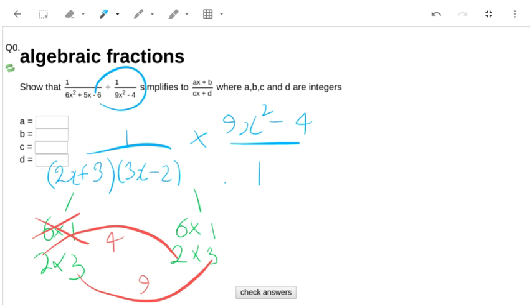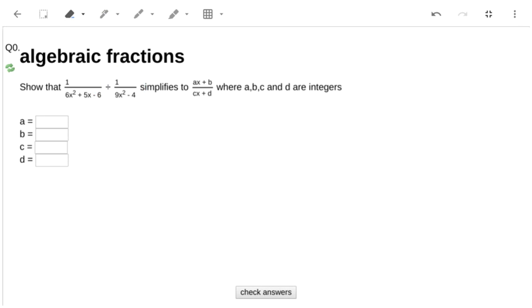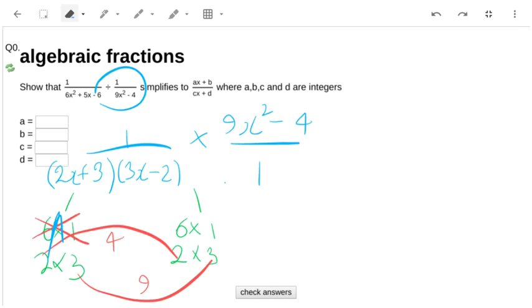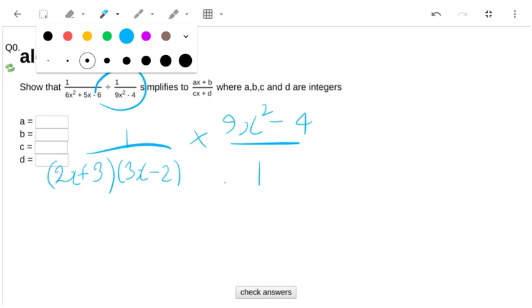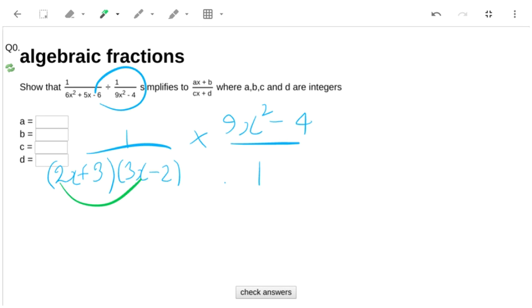And I can check that that works. Oops. Oh dear. Let's try that. Let's just check that works. So I've got 6x squared minus 6, and that's 9 minus 4, which is 5.